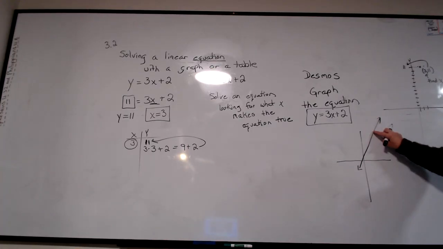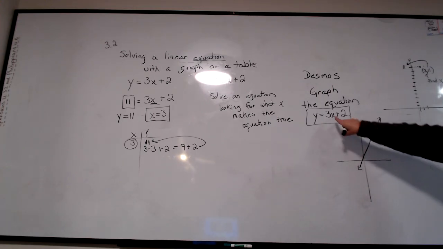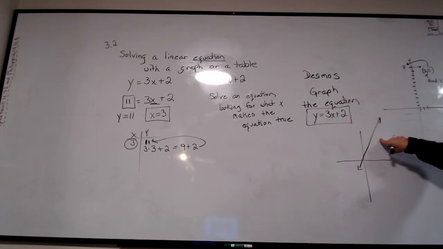You can scroll your cursor up and down on that line till you have exactly 11 in the y of the point, and it will give you the exact corresponding x value. So this is especially important when you can't find a whole number x that goes in there. It's very much easier to go in Desmos and graph it, okay?